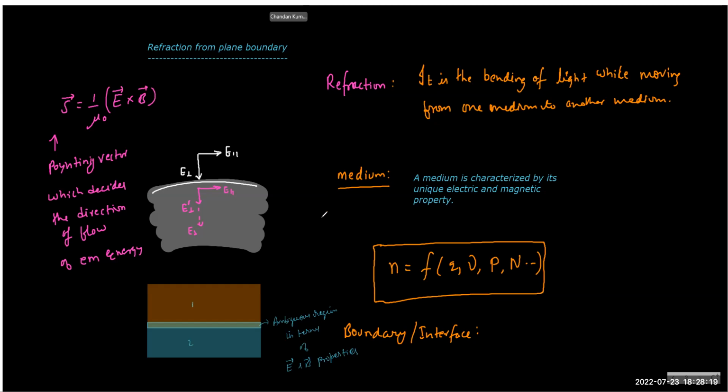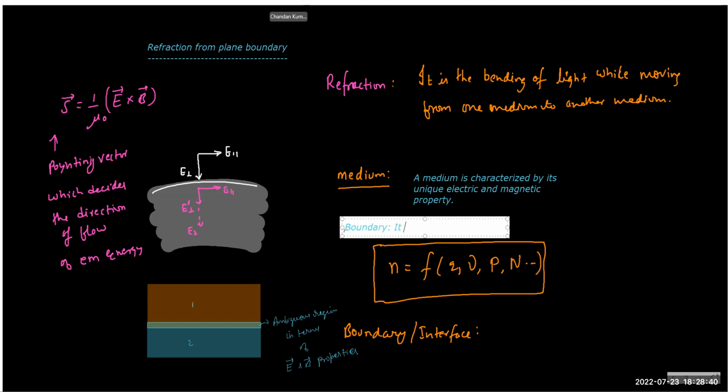Boundary does not mean your own idea of an imaginary layer. It is physically present actually. So let me just put a definition for boundary as well. So what is a boundary?